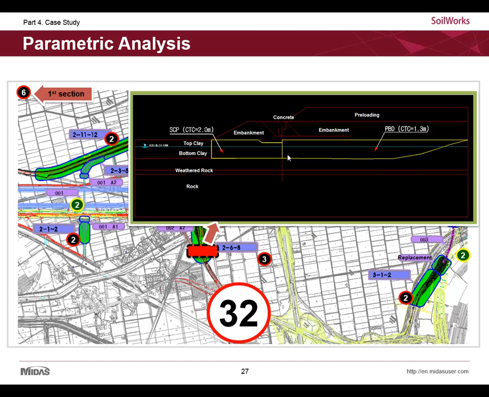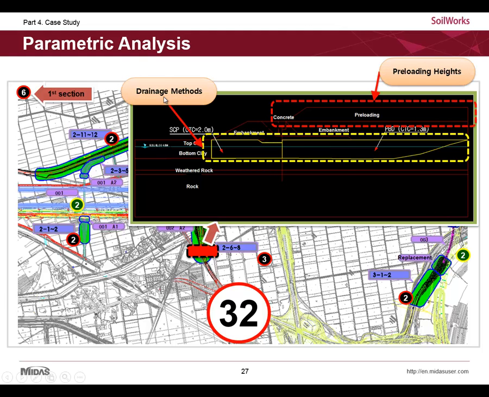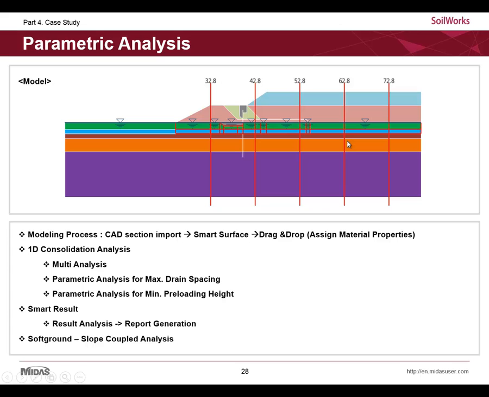Even though the engineer has a lot of experience designing this kind of case, in order to find the optimized drain spacing, preloading height, and the critical height of embankment, the engineer needs to check more than 3 to 5 times at least. Drainage method and preloading height.